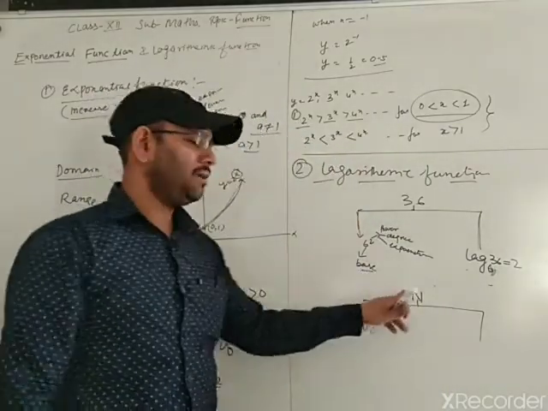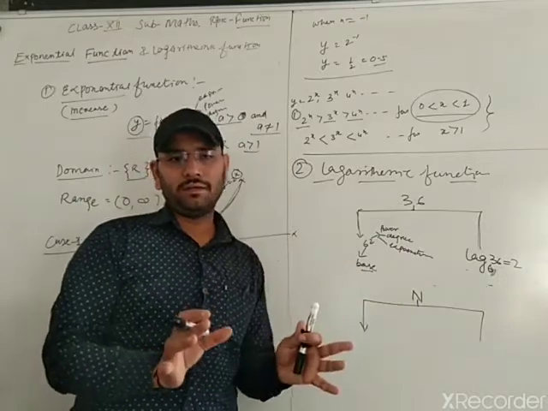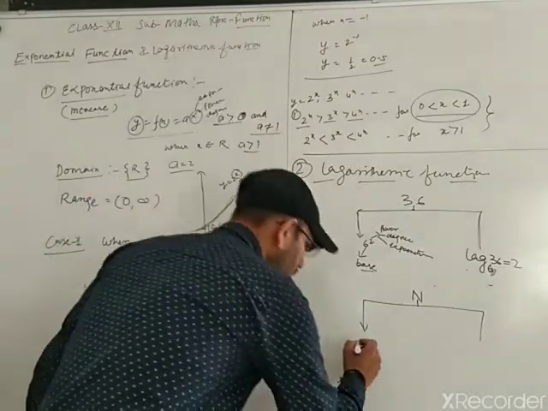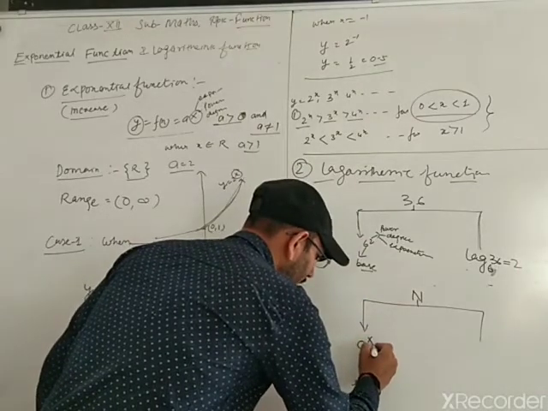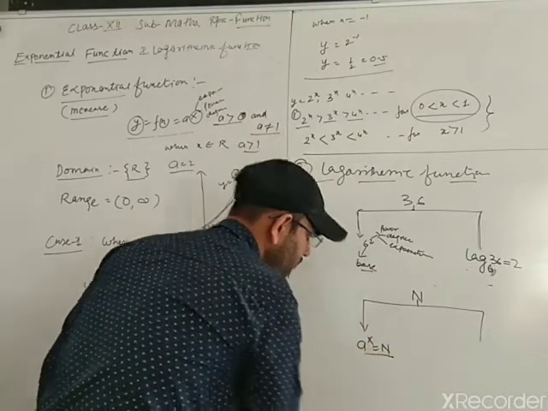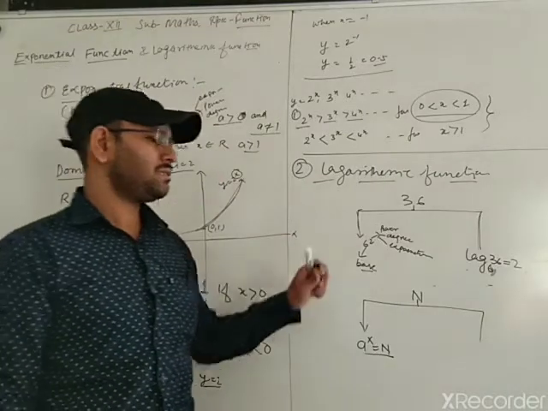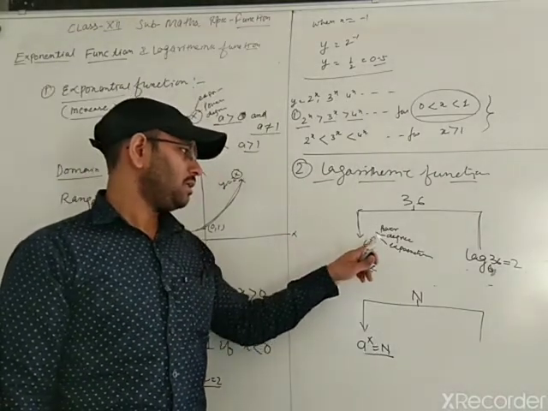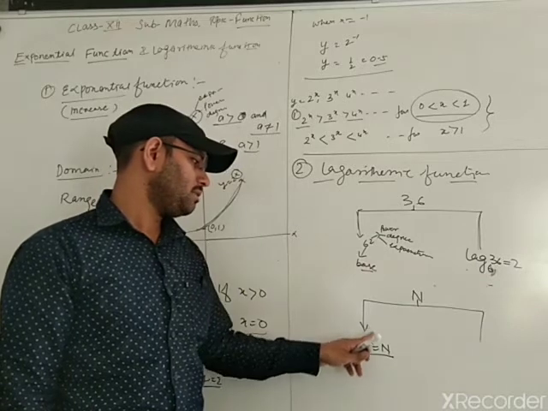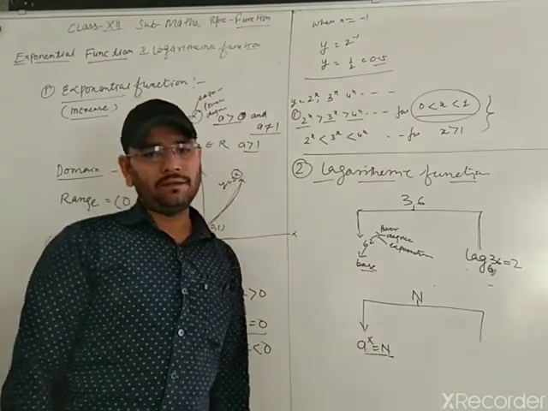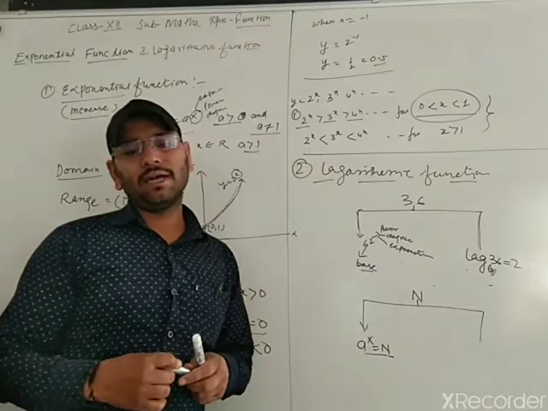What? N is the given number. Clear? So base to the power x is equal to the number. What is the base? 6. And what is 2? Degree. So a^x is equal to what? N. Clear?